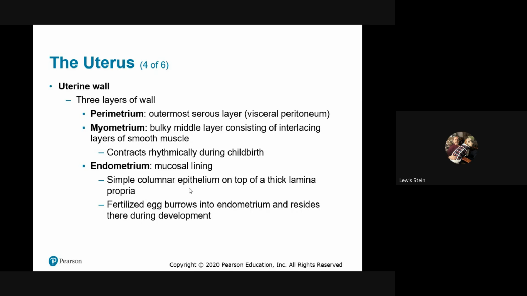Basalis is always there, the functionalis we just keep recycling: shed it, and we build it all over again every month. When we look at the menstrual cycle, we're going to marry the ovarian cycle, the egg development, maturation, release, etc., to the menstrual cycle and see what hormones, events, and timings are there.